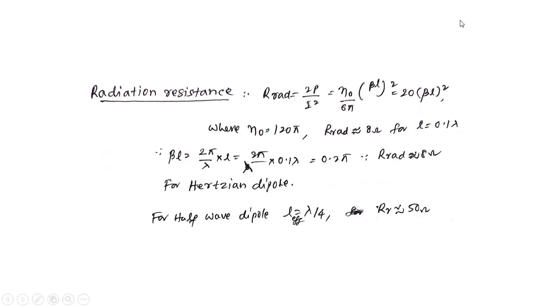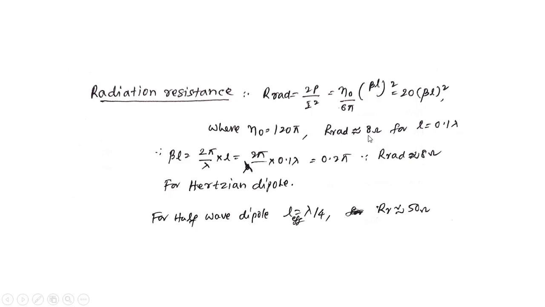Next, radiation resistance. We know that R radiation is equal to 2P divided by I square, which is given by eta naught by 6 pi into beta L whole square, equal to 20 beta L square, where eta naught is equal to 120 pi.